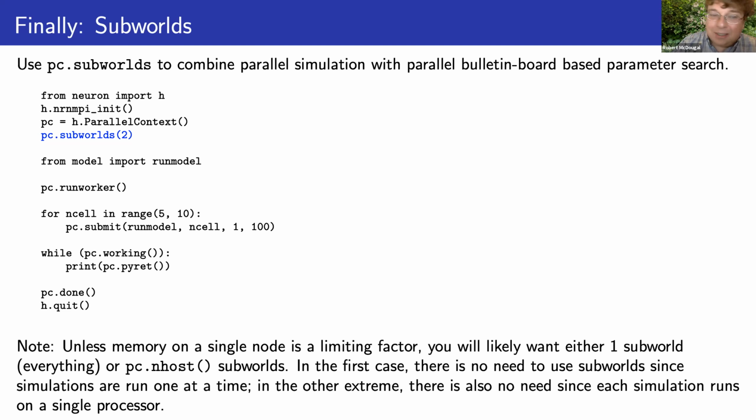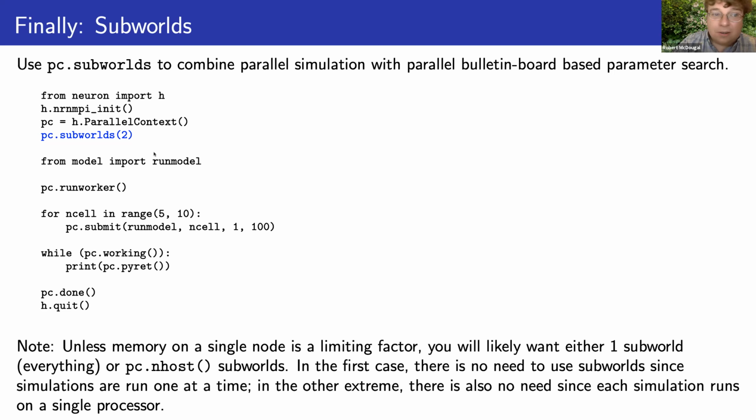But again, unless you're dealing with memory on a single node being a limiting factor, you're either going to want one subworld, which is everything, where everybody talks to everybody, or pc.inhost subworlds, in which case everybody is completely independent. But it is an option for certain simulations to be able to do both.